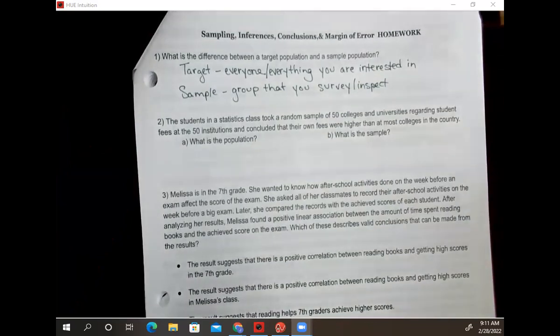Number 2, the students in a statistics class took a random sample of 50 colleges and universities regarding student fees at the 50 institutions and concluded that their own fees were higher than at most colleges in the country. What's the population and what's the sample? The sample sometimes is easier to start with. What's the sample?